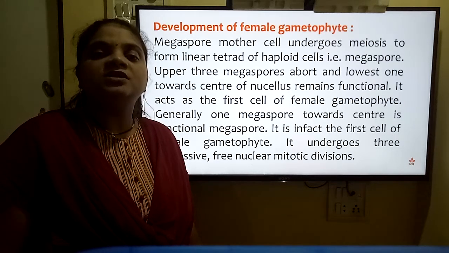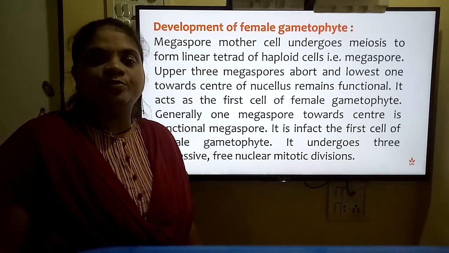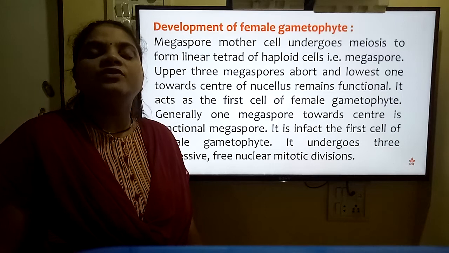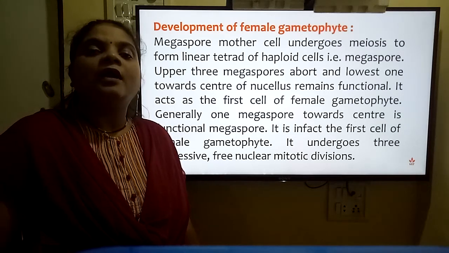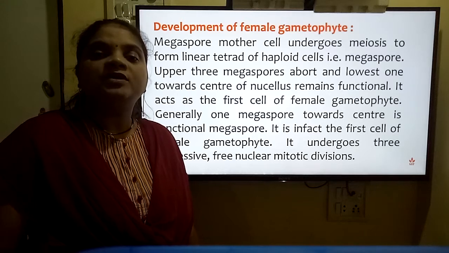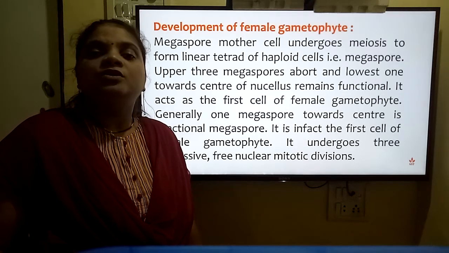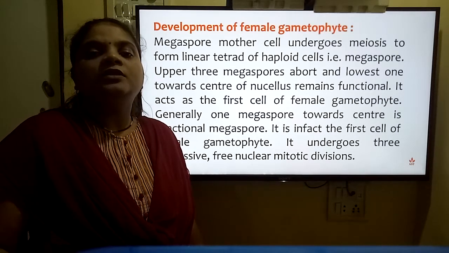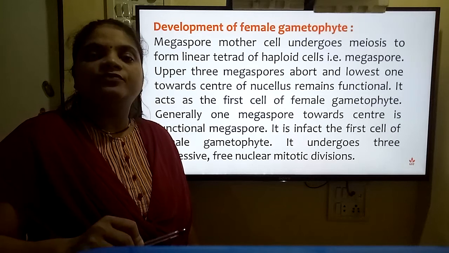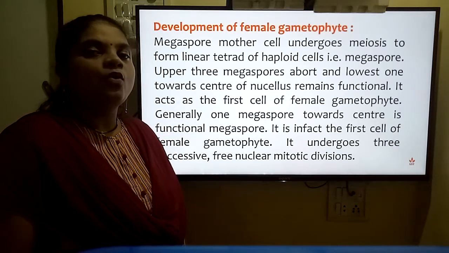See, the synergid cell possesses small beak-like projections called the filiform apparatus. This filiform apparatus performs the function of guiding pollen tubes towards the egg cell. In this way, the filiform apparatus performs its function in the ovule.